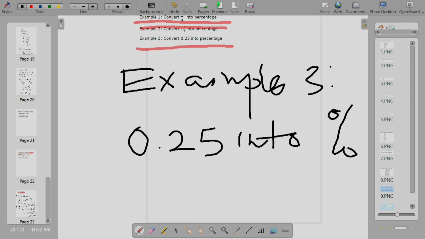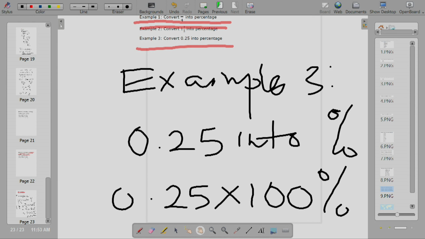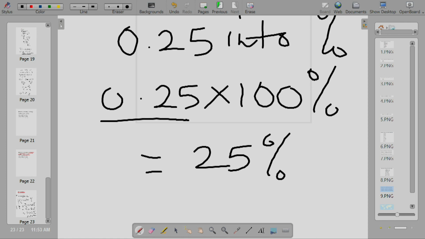In order to convert this decimal number into a percentage, also just multiply it by 100%. So 0.25 multiplied by 100%, the answer will be equal to 25%. So this is how we can convert a decimal number into a percentage.